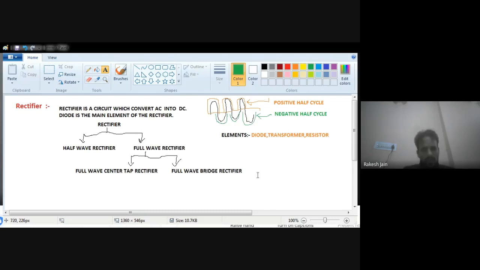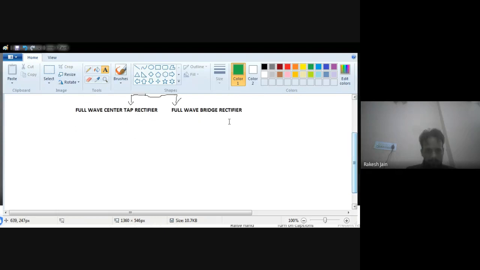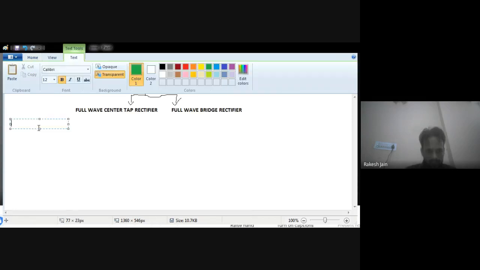First, let's see the circuitry, how to draw the circuit of the half-wave rectifier, the full-wave center tap rectifier, and the full-wave bridge rectifier. Then we will talk about the basic working principle of those diodes. First, we just see the circuit diagrams of these rectifiers.